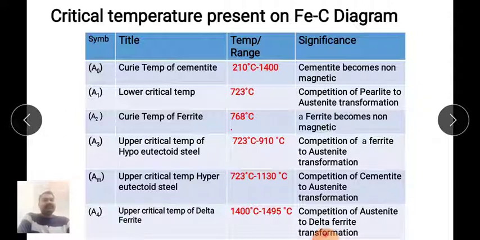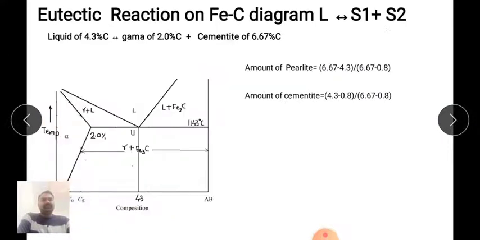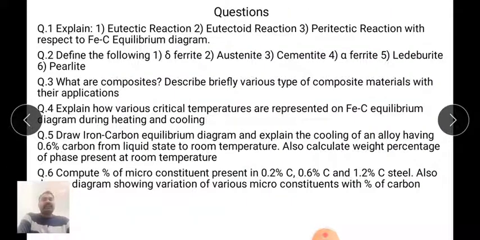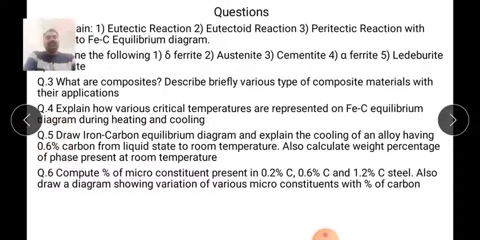By using this table you can explain the critical temperatures. With the help of the diagram we will have to explain that critical temperature.